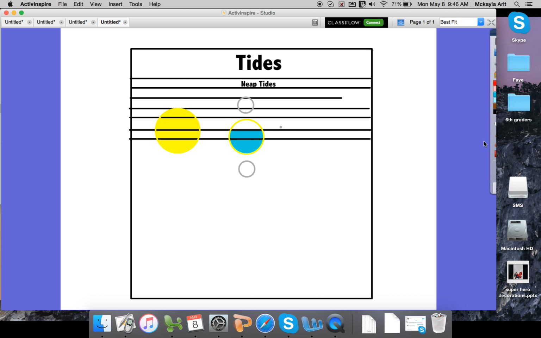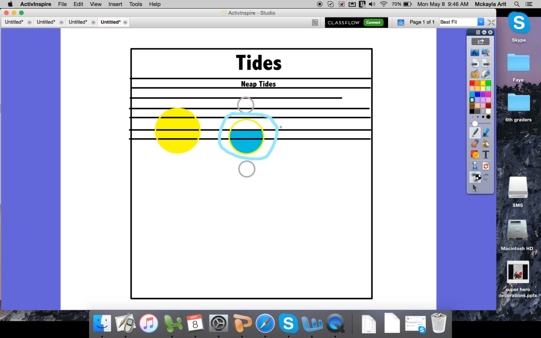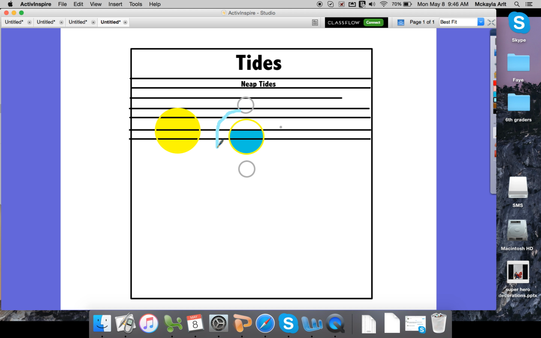And then I'm going to draw, I don't like that. Because remember, it's equaled with Neap. Much better. So it's equal. It should be equal. It should be a perfect circle.